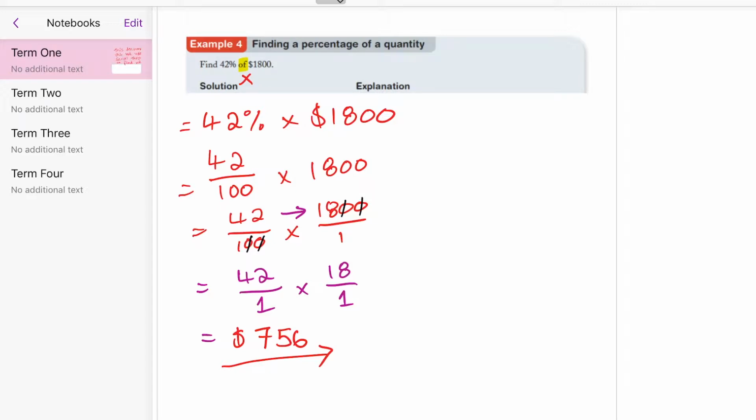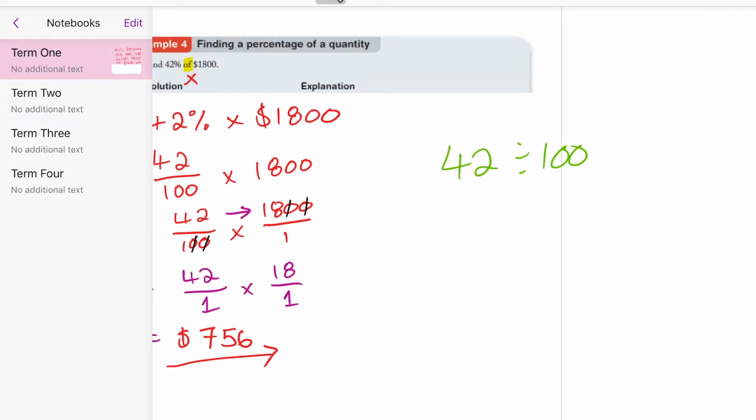So if you're using your calculator, and I'm going to work backwards again, so if we look at example number 4 and we're using a calculator, I would simply go 42 divided by 100 times it by 1,800. So you need to still do this step where you have the 42 divided by 100 to get it into a decimal.